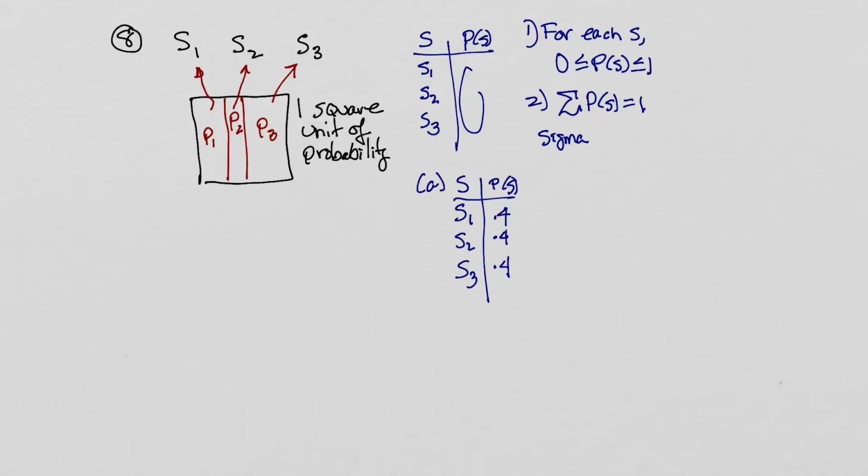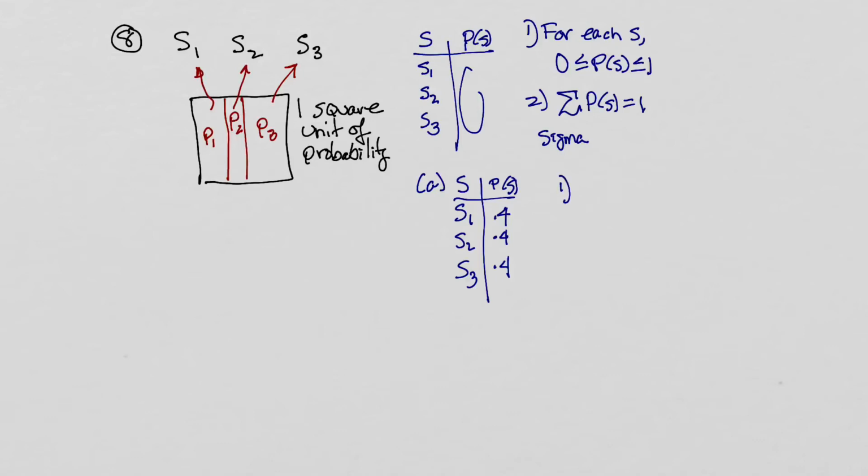Now in part A, we're given that the probability of S1 is 0.4, the probability of S2 is 0.4, the probability of S3 is 0.4, and we want to determine if this distribution is or is not a valid probability distribution. So let's go through our 2 conditions. If both conditions are met, we have a valid distribution.